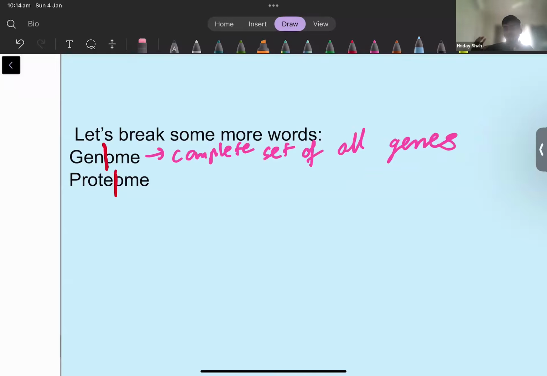Usually it's going to be in an organism. So you might be talking about it in the context of a human, or you might also be talking about it in the context of plants later on. And hence proteome, by definition, is the complete set of all proteins.